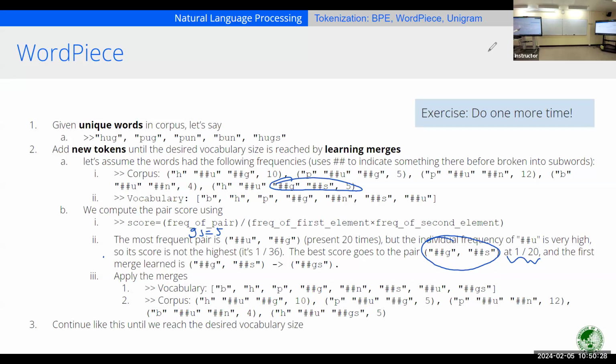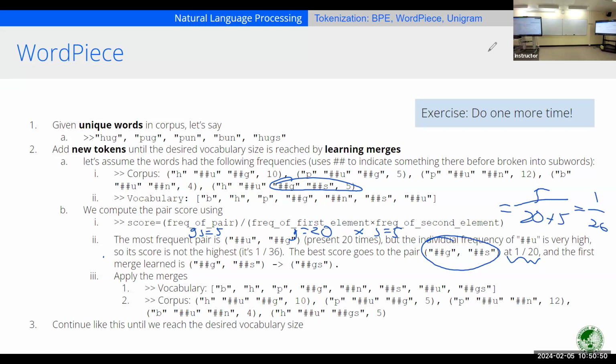Okay, you guys know. So G equal to 20 and multiply with S is equal to 5. So 5 divided by 20 times 5 is 1 over 20, right? And you can do for all, okay? And finally, you will realize that this one is the highest.